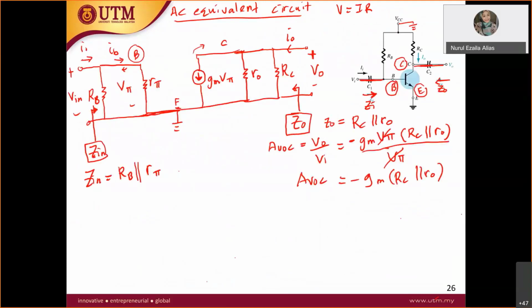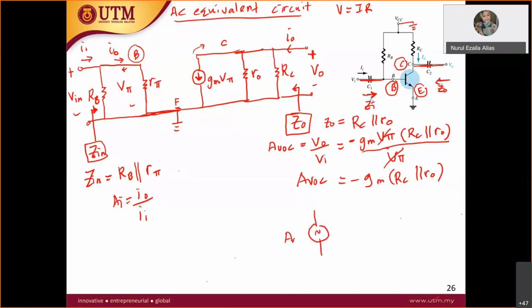Your current gain AI is equal to I out over I in. You will be using the same voltage model like before, so you have this circuit, if you still remember.